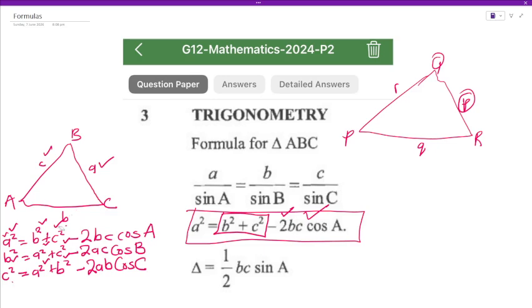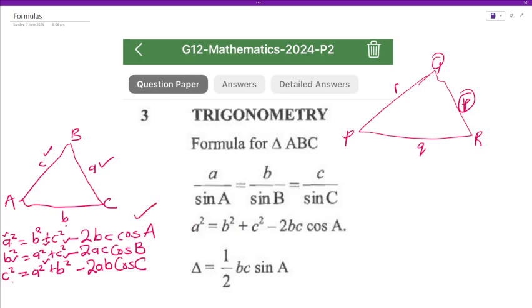It's important because you will not always be dealing with triangle ABC. Let's say, for example, your triangle is PQR. How are you going to come up with this formula? This is basically the example on how to derive this formula. The side you are finding, you have to have the angle corresponding to that side.